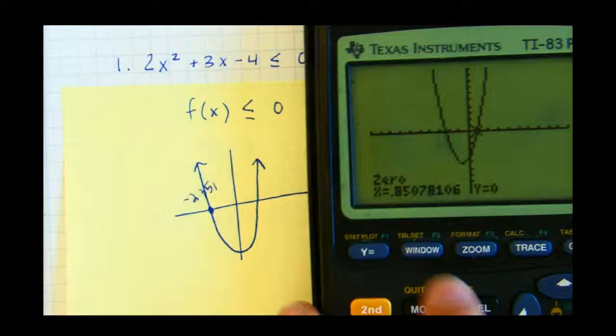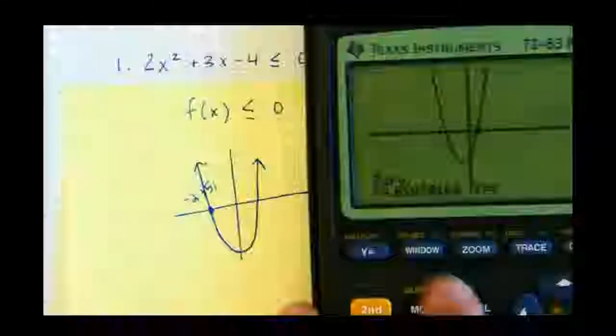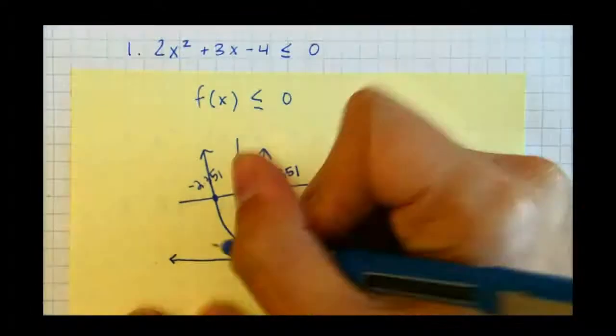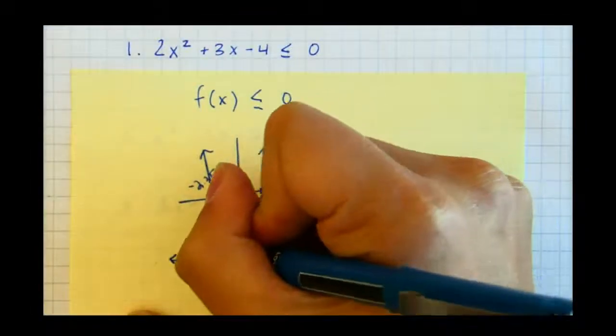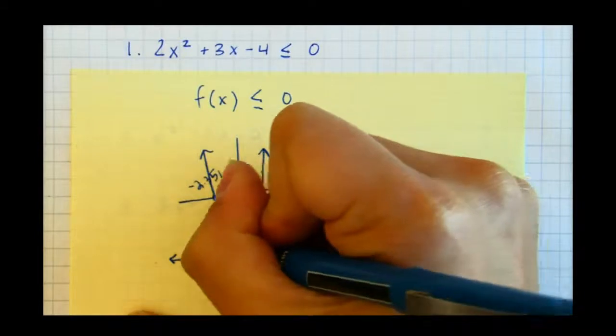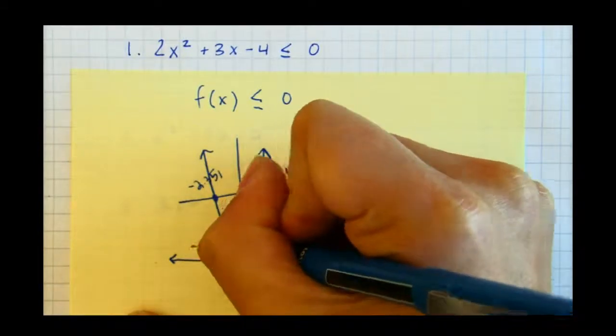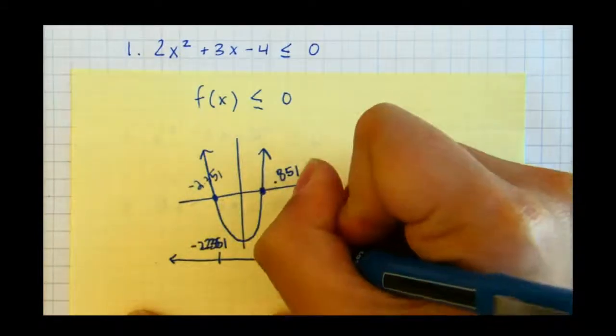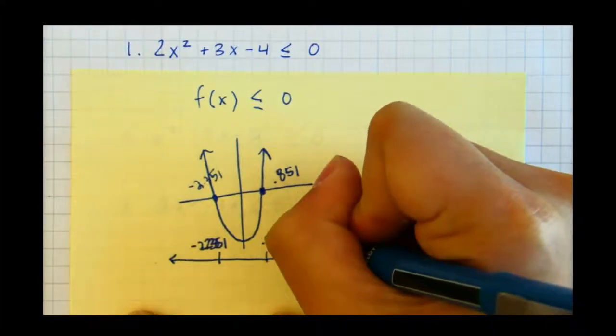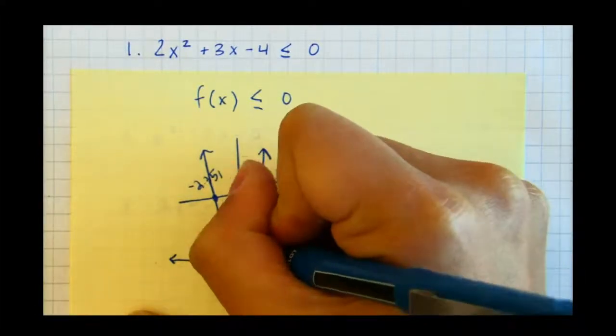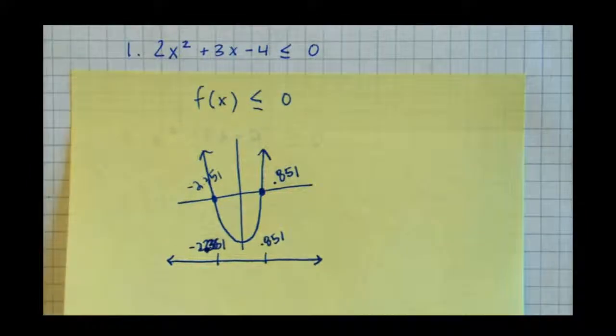Okay. So now I'm going to draw my number line down at the bottom. I've got 2 values that I care about. So negative 2.351 and 0.851.